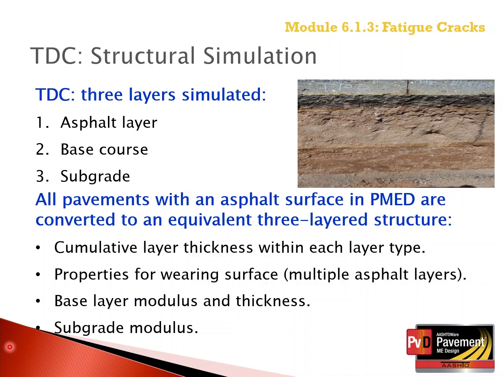And then 1 subgrade soil strata was used. So when different soil strata are located below the asphalt surface at a specific test section, those subgrade strata were combined into 1 layer for top-down fatigue cracks.